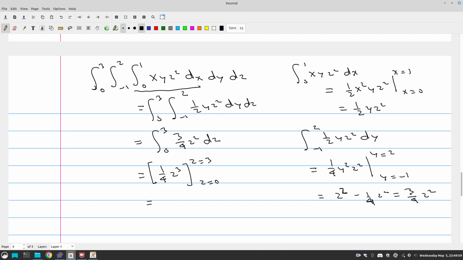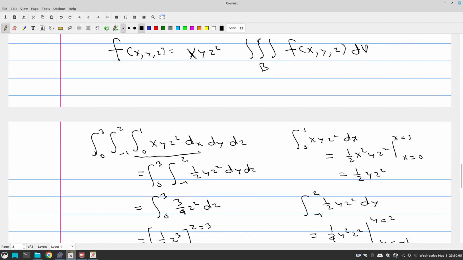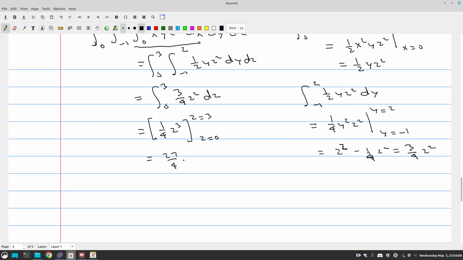So this becomes 27 by 4 minus 0, which is 27 by 4. Okay, so integration over rectangular regions is pretty easy. I mean, integration over boxes is easy.